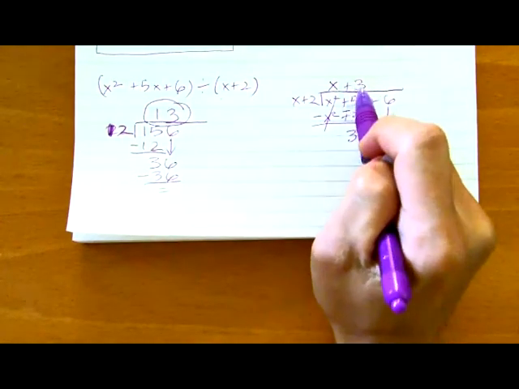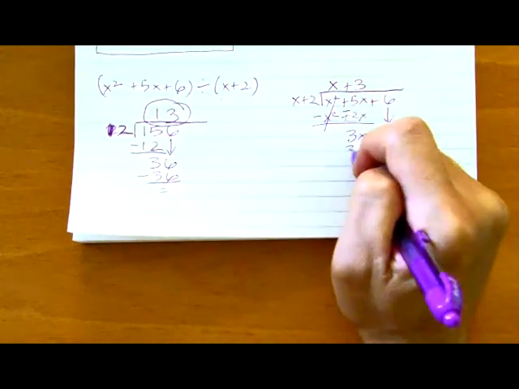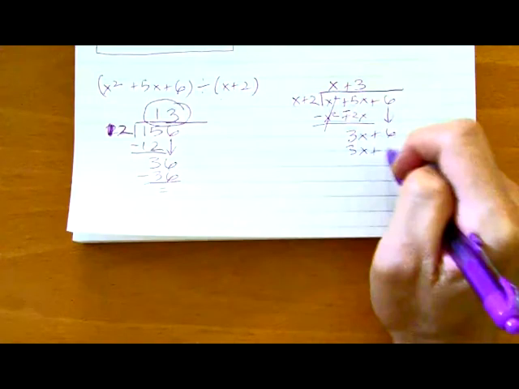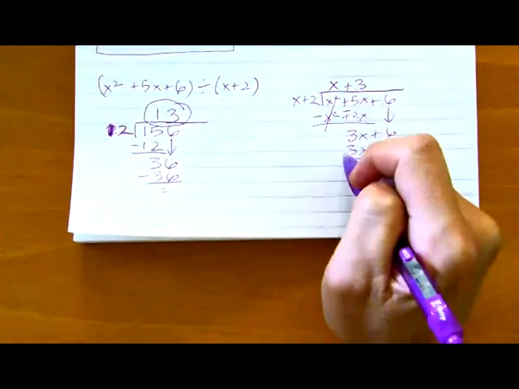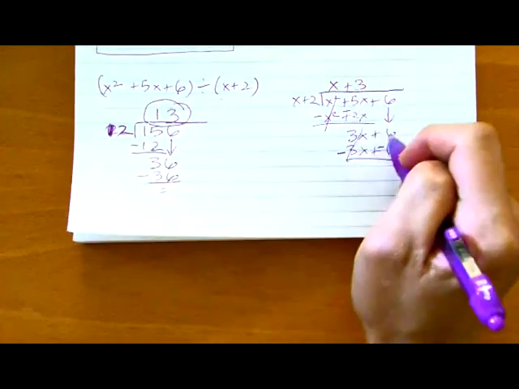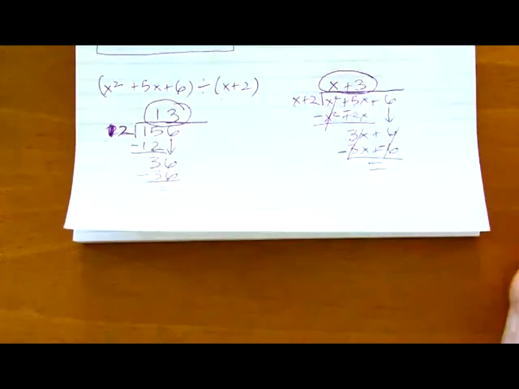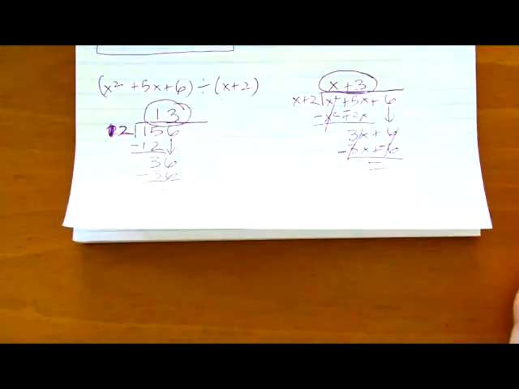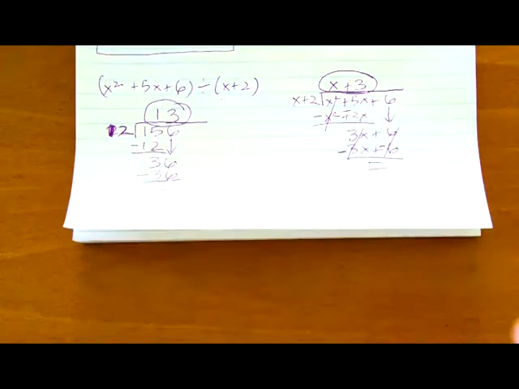We're going to multiply that positive 3 to both terms. 3x plus 6. We're going to subtract. That means we're going to change the sign. This becomes minus. This becomes minus. That cancels, and that's it. This is what we're looking for. Same idea. Let's try it again.